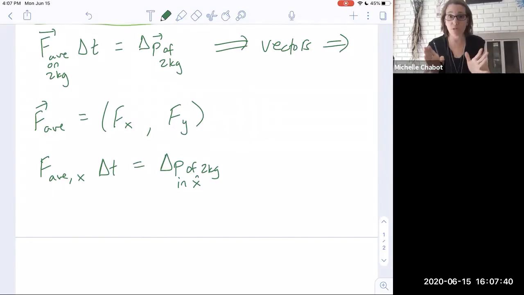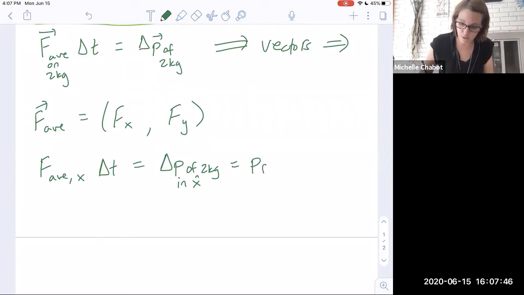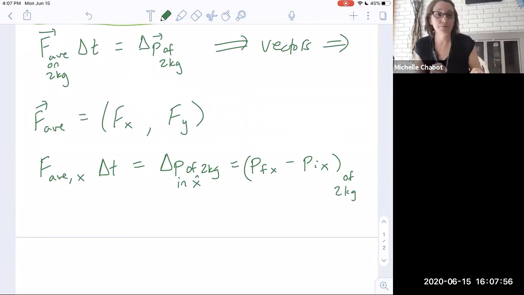So just the change in momentum just in the x direction. So that's going to be equal to p final x minus p initial x. And again, that's of the 2 kilogram puck.